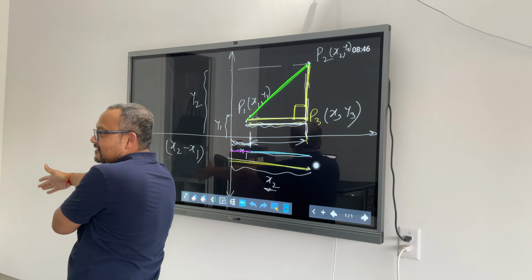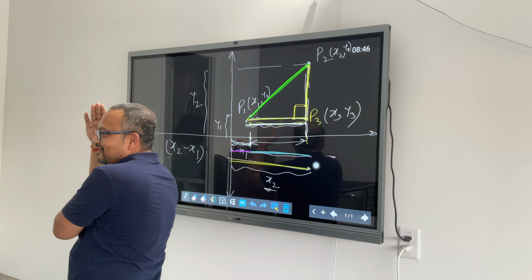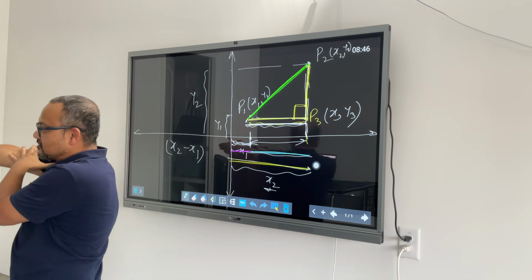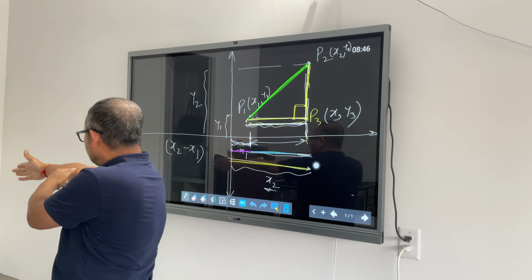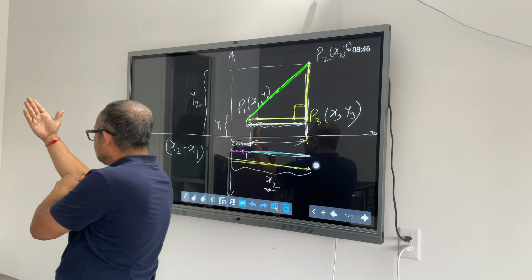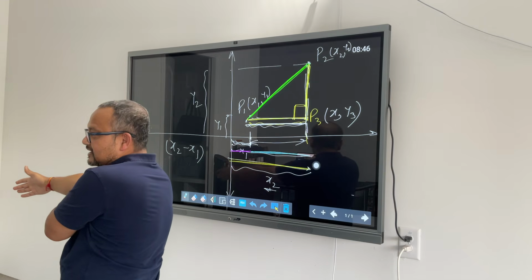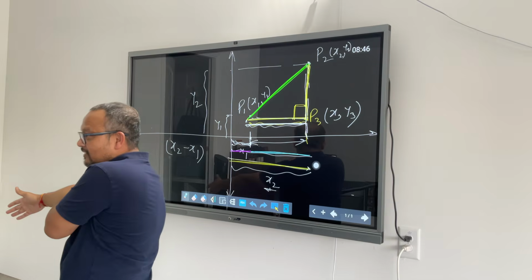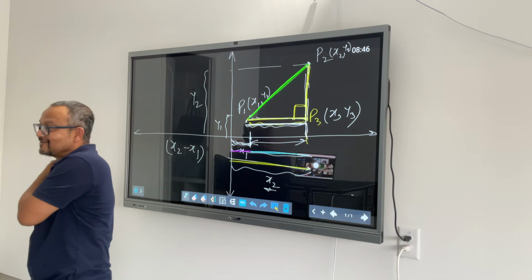This is my hand. This full thing is x2, and here to here is x1. If I have to find out this length, that will be full length minus this length. That's it. Make sense?